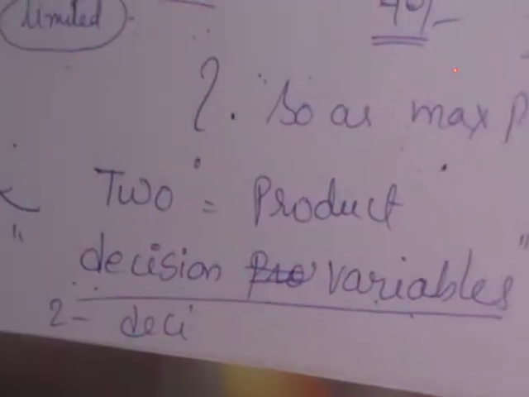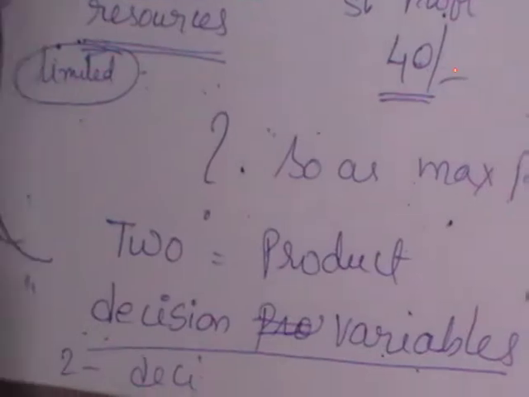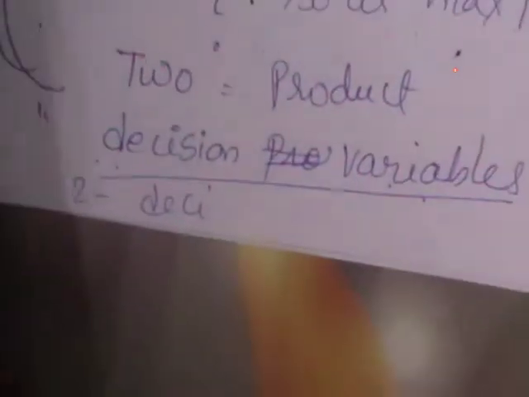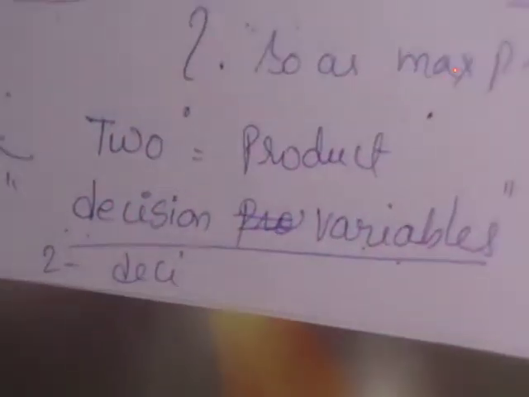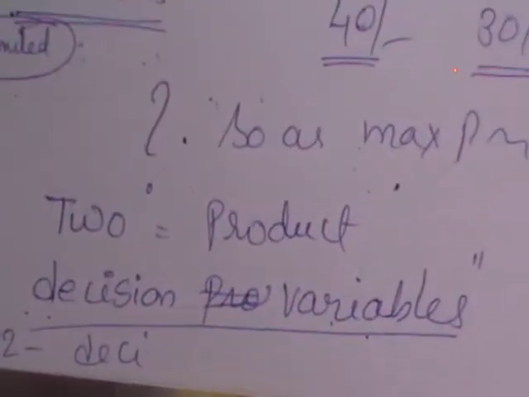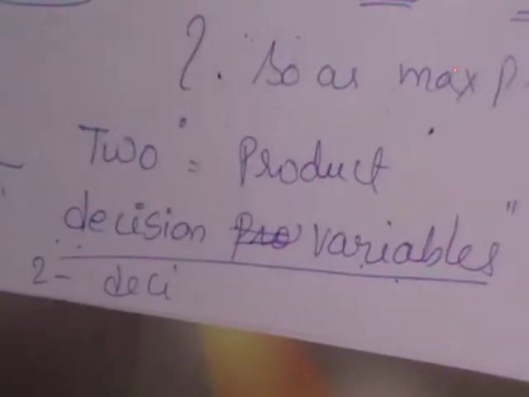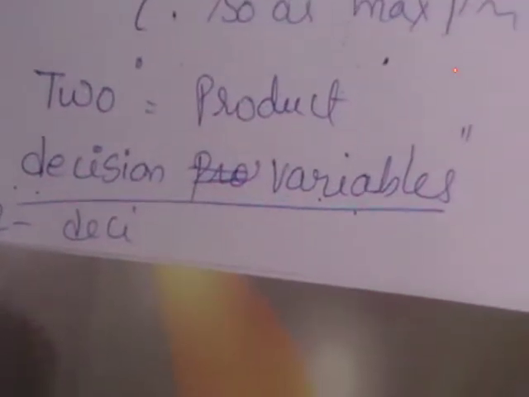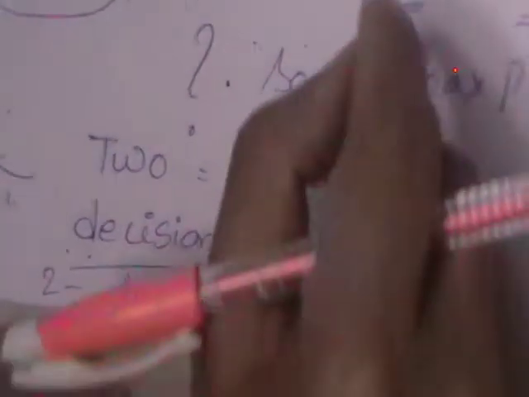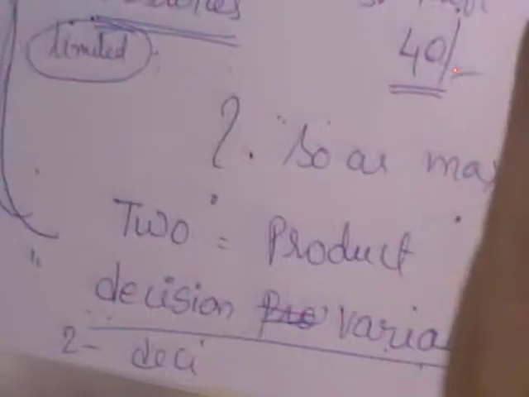Suppose the given situation is producing four types of items like pens, pencils, erasers and boxes; there we would have four decision variables, meaning the number of products represents the number of decision variables. In the present one, we have two decision variables.